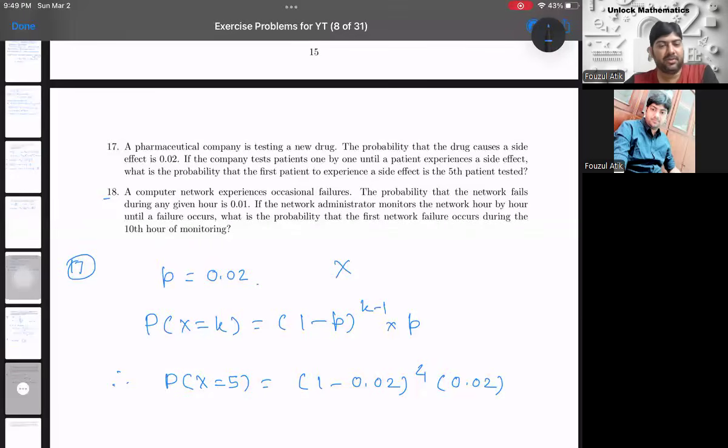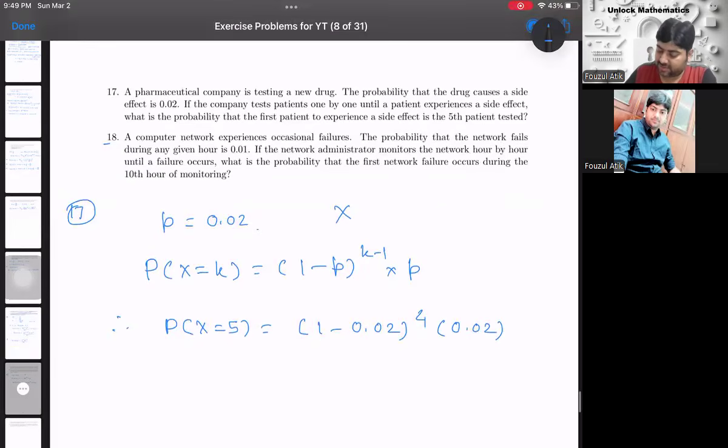Now again, success means whenever you will have a network failure. And what is the probability of success here, question number 18? Success means that your network will fail. So P is equal to 0.01. And then again, you will do the trials until you get that network failure. That means again, it will follow the geometric distribution. The random variable x counts the number of trials required to get a success, to get a network failure.